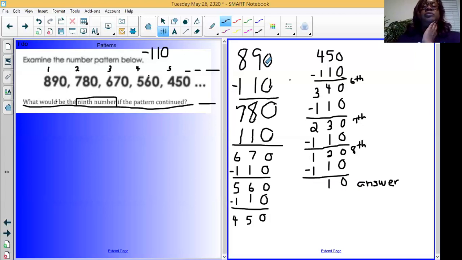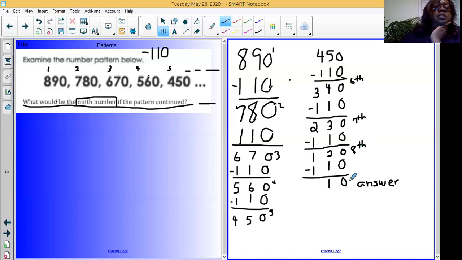So let's go back. This is our first one. This would be our second one. This is our third one. This would be our fourth one. 450 was our fifth answer. Then we have these labeled. This is our sixth, our seventh, our eighth, and our final answer would be 10.